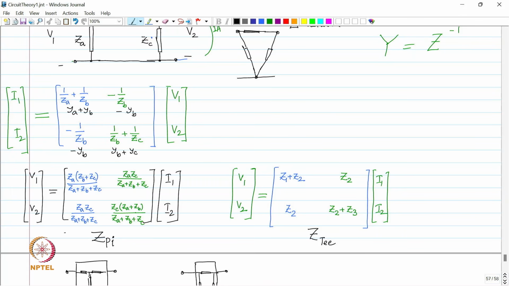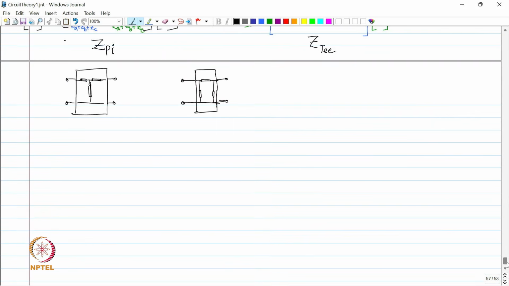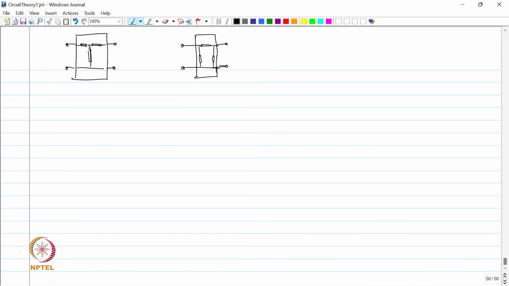ZA ZC is taken, right. So, Z1 has to be ZA ZB by ZA plus ZB plus ZC, and therefore, Z3 has to be equal to ZB ZC by ZA plus ZB plus ZC, right.